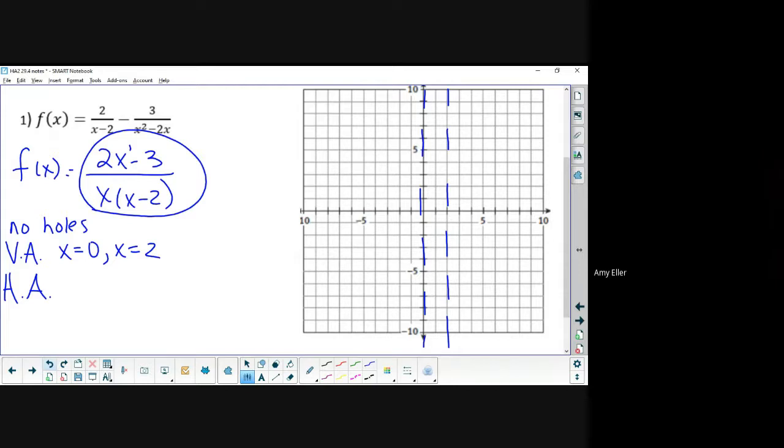So maybe look back at your paper from the last set of notes. The denominator's degree is larger. Why? What would be my asymptote? 0. Yes. Y equals 0. Let's plot. Y equals 0.